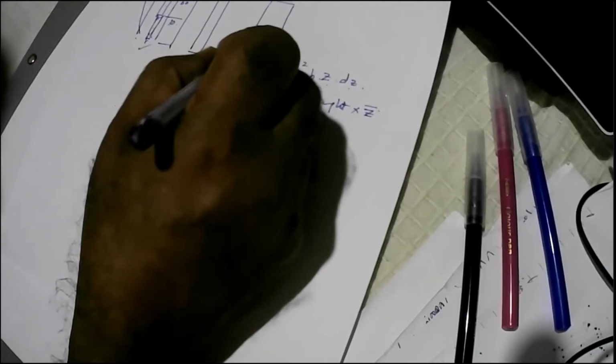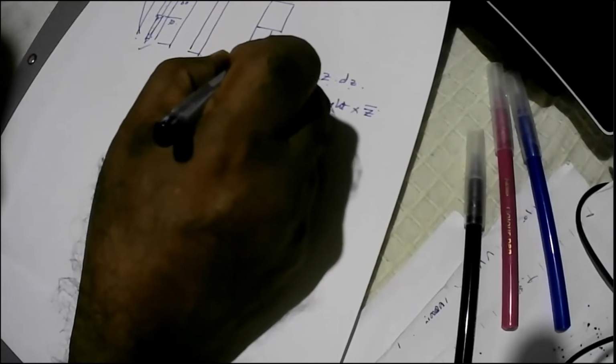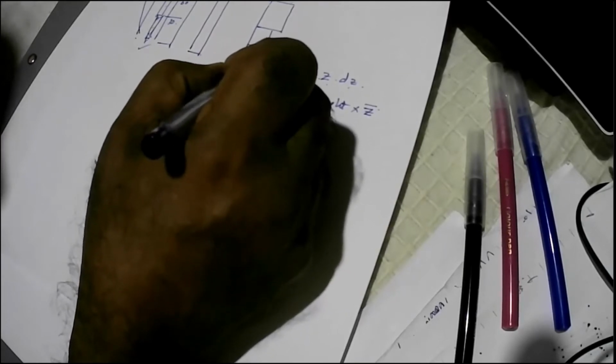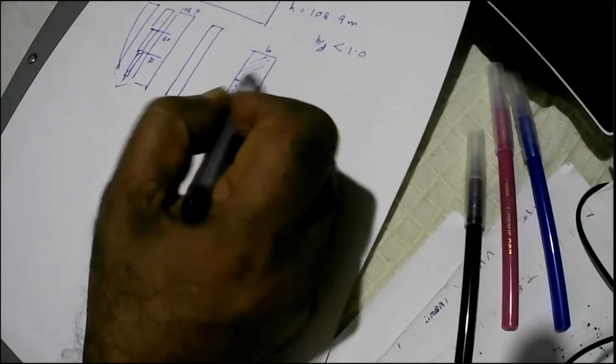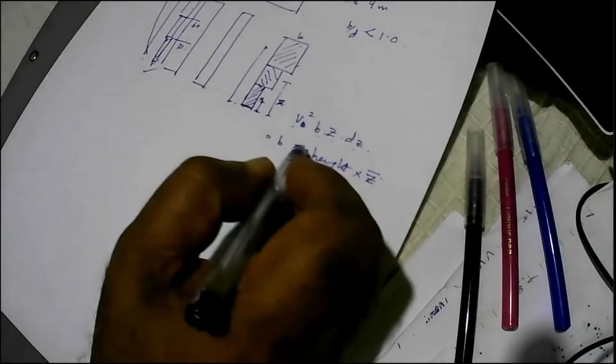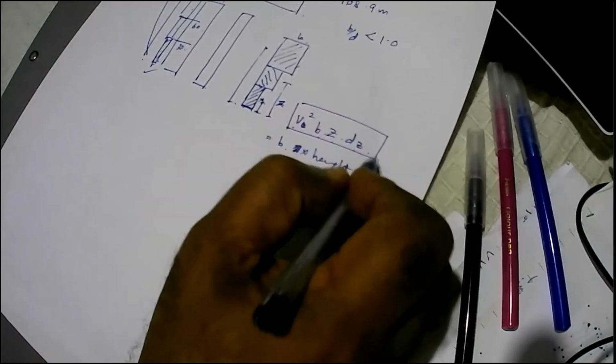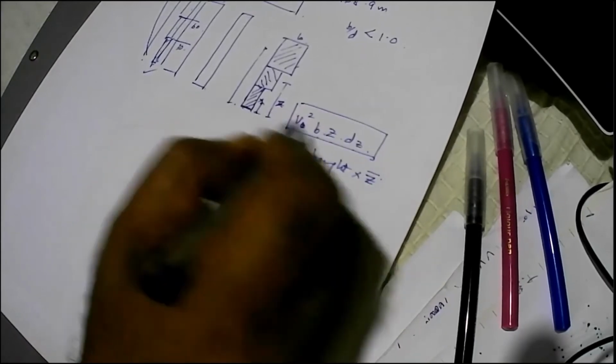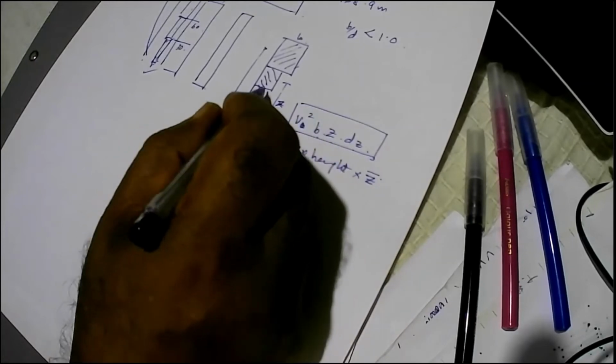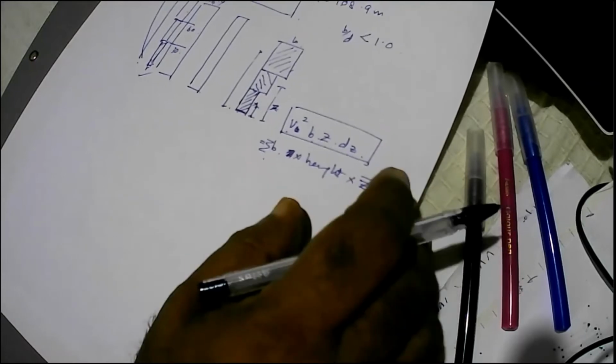So I can say V Z B Z dz is equal to the area of this multiplied by the distance to the center, and the area of this multiplied by the distance to the center, and area of this multiplied by distance to the center. So I can say this is equal to sigma of this, because now I am not considering a variable force, but I am considering a constant force over a certain height.